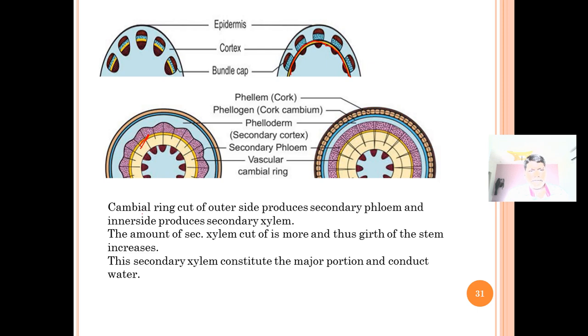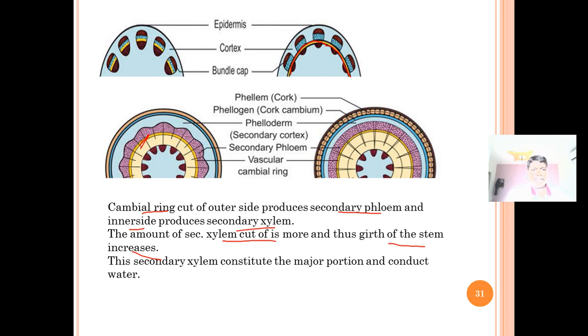So the cambial ring cuts off outside secondary phloem, and if it cuts off on the inner side, it will produce secondary xylem. Division is more on the inside, the secondary xylem side, and thus the growth of the stem takes place and the plant increases in growth.